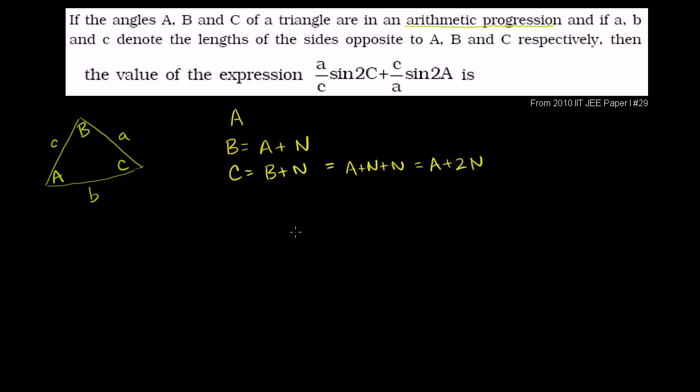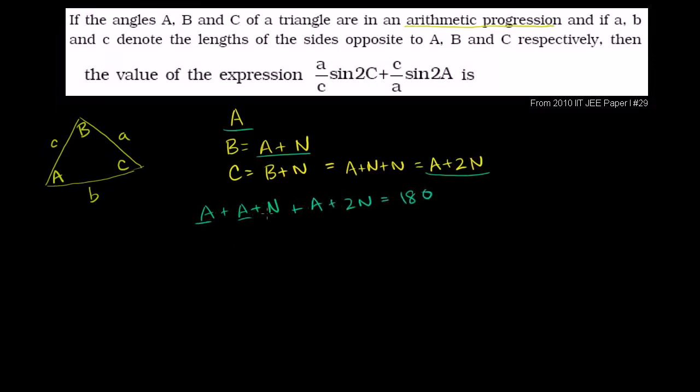So what does that do for us? Well, the other thing we know about three angles in a triangle is that they have to add up to 180 degrees. So let's try it out. We have A plus A plus n plus A plus 2n is going to be equal to 180 degrees.